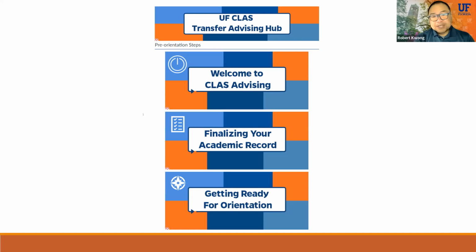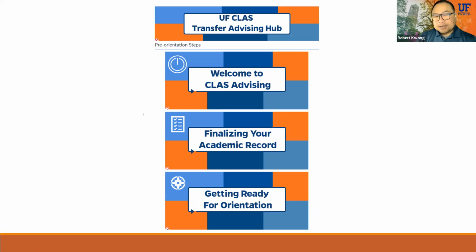When you see that you have been enrolled in the class transfer transition course, this is what it will look like on the home page. Now, you're going to see more modules beyond getting ready for orientation, but as a brand new student coming in, starting in your very first semester, either in summer or fall, these are the only parts that you need to be working on.